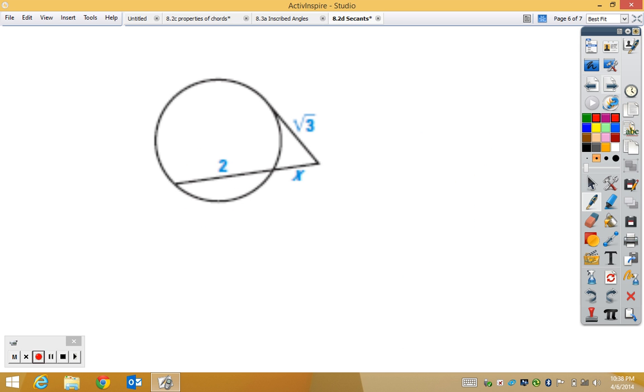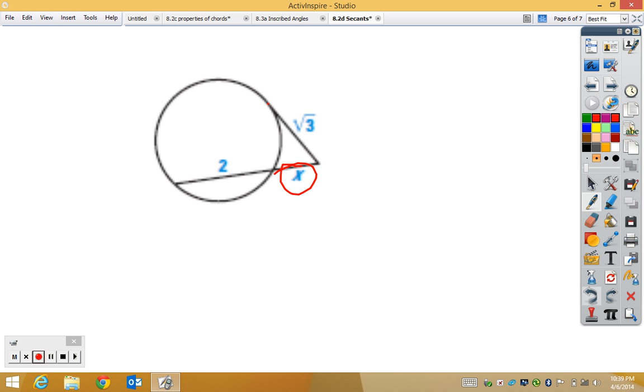Okay, next example. We want to find the value of x again, and this is the one that deals with a tangent. So here we have our tangent, which comes in contact once. The length of our external segment times our secant segment is equal to the square of our tangent segment.